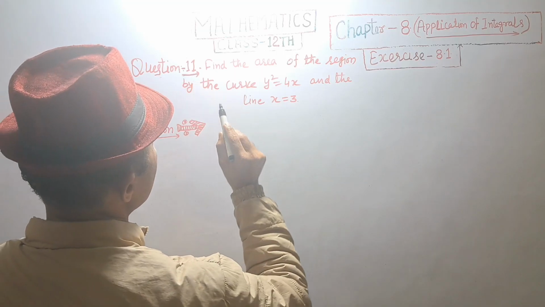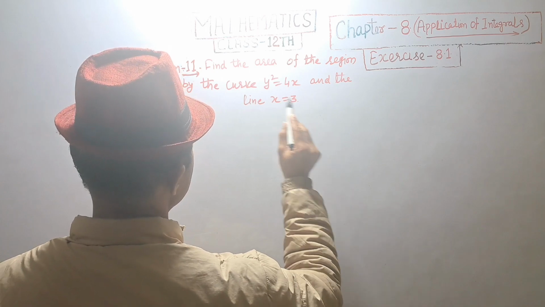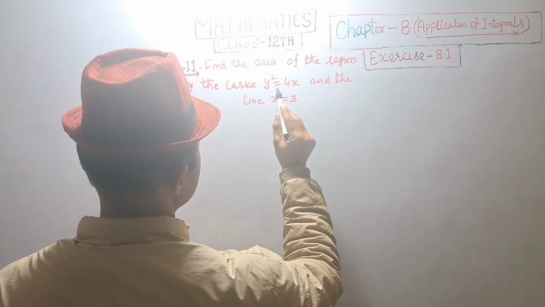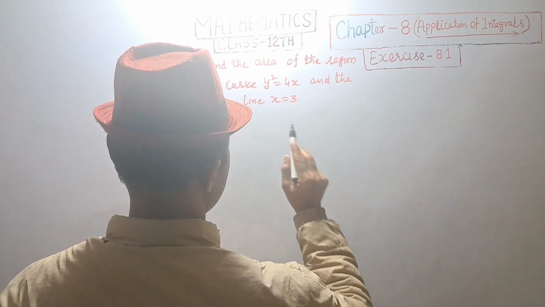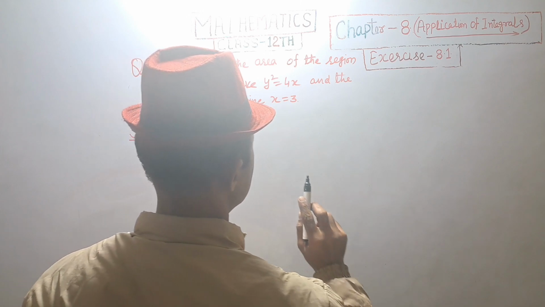Question number 11. Find the area of the region bounded by the curve y square is equal to 4x and the line x is equal to 3.